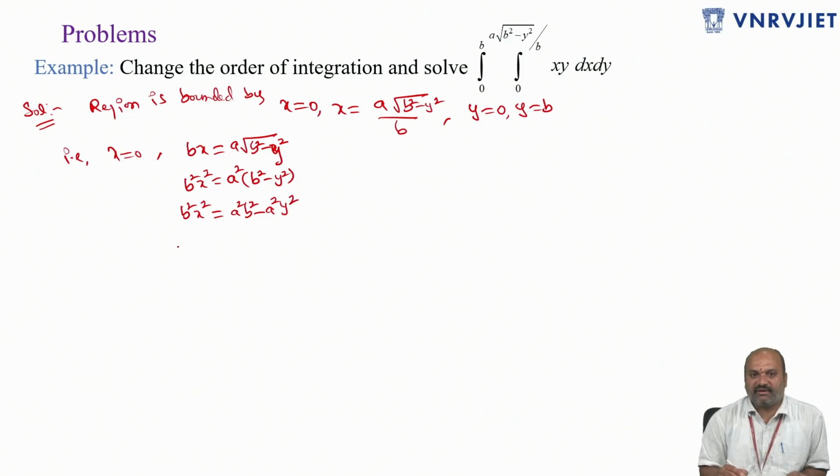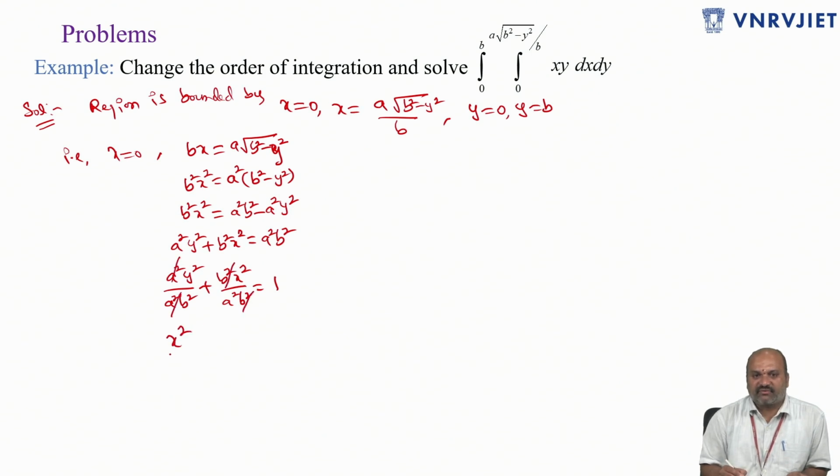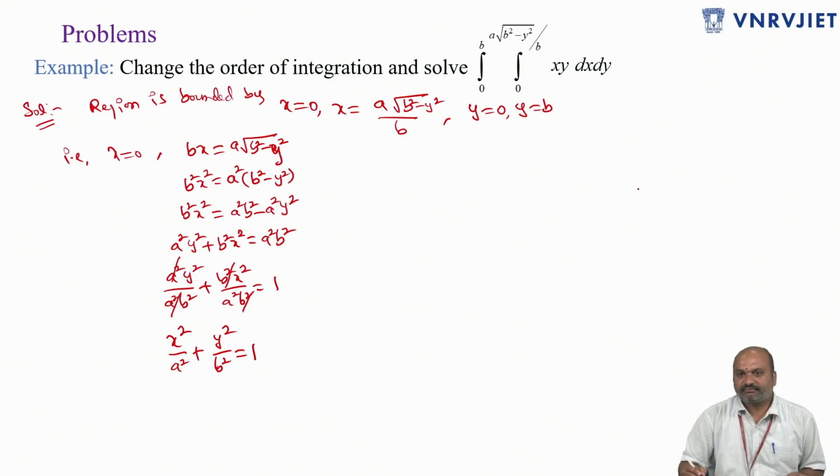Let's bring the variable term to the left hand side: a square y square plus b square x square equals a square b square. Dividing on both sides by a square b square, we get x square by a square plus y square by b square equals 1, which is actually an ellipse with center at origin.